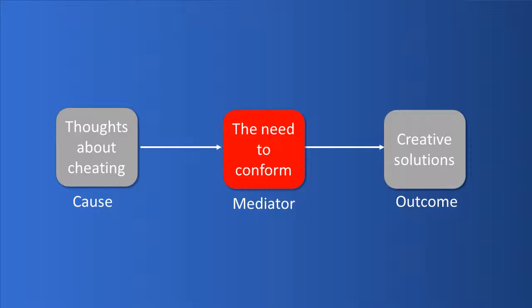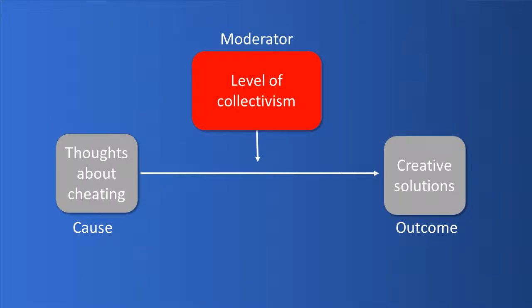Finally, you could brainstorm possible moderators. Now, moderators are any variables that affect the degree to which the independent variable and dependent variable are related, or they affect whether or not the independent variable and dependent variable are related. So perhaps, for example, in collectivist nations that really value groups and harmony, thoughts about cheating actually don't promote creativity because individuals prefer to conform.